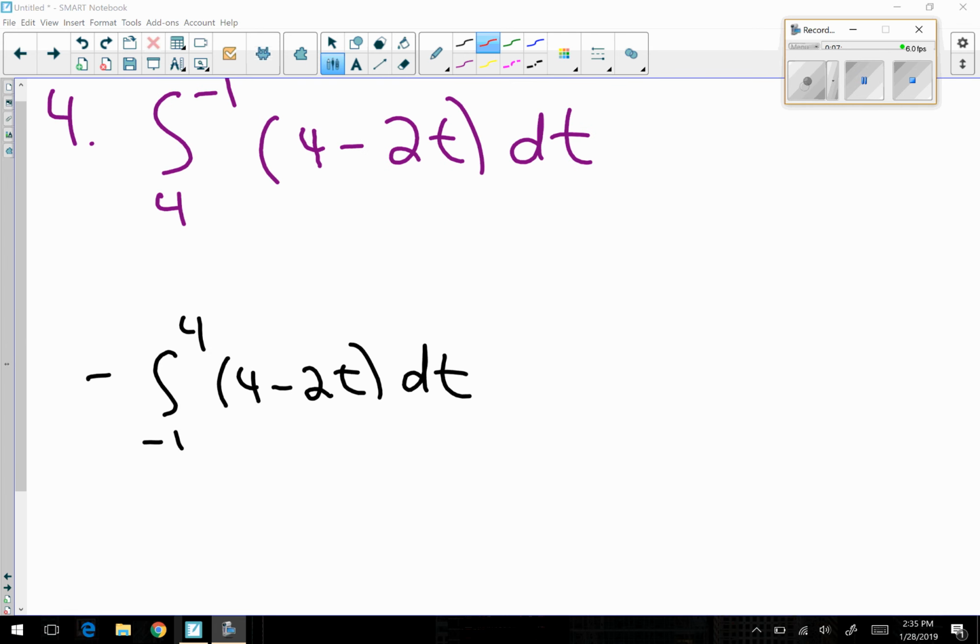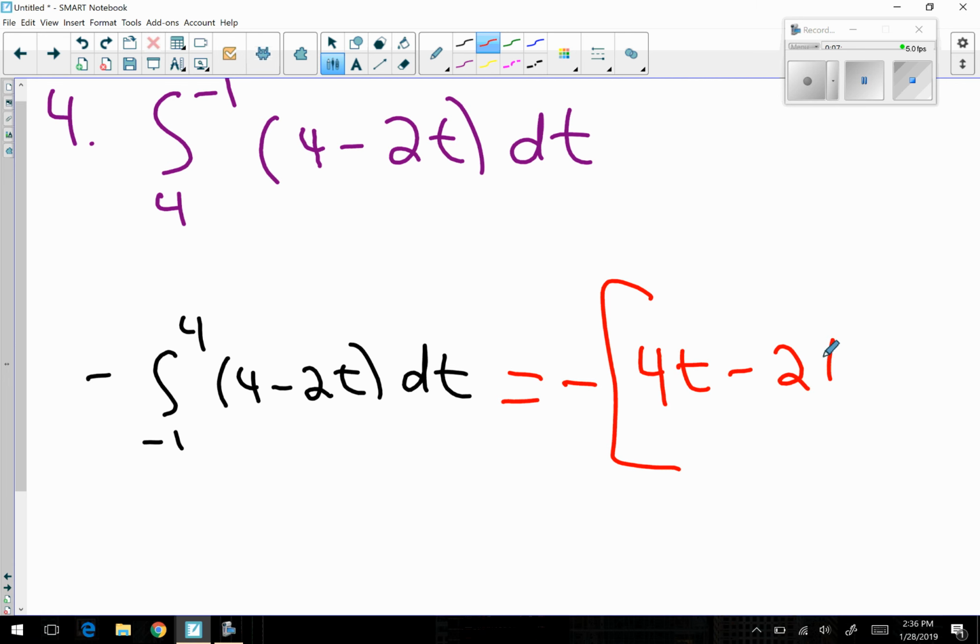For 4, notice we have 4 to -1. So we know that's the negation of -1 to 4. So let's go ahead and integrate this. So whatever my answer is, it's negative. So we have 4t minus 2t squared over 2, and we're evaluating this from -1 to 4.